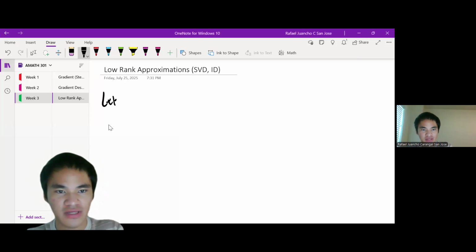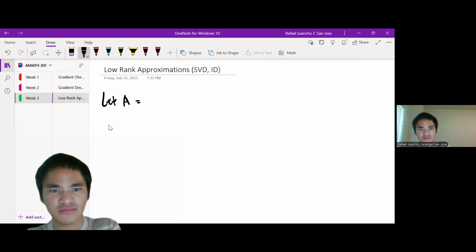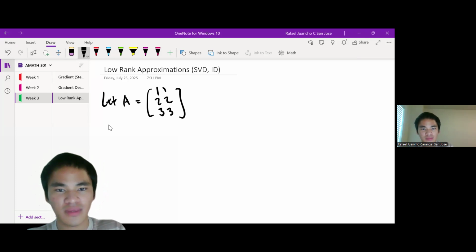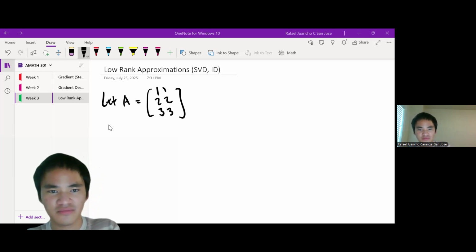So we're going to let A be some matrix. So this is a 3 by 2 matrix, 3 rows and 2 columns. And we can actually decompose this into 1 row and 1 column vector.